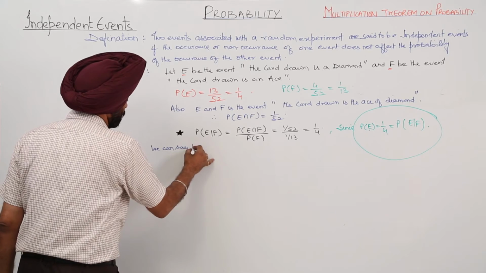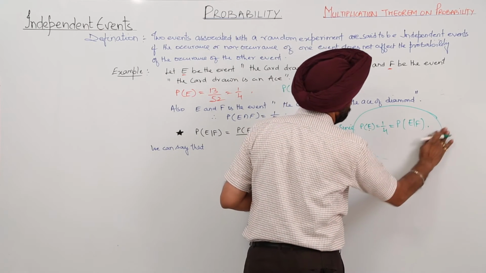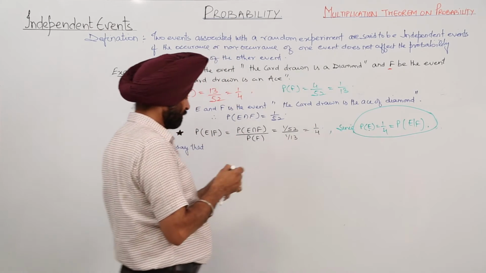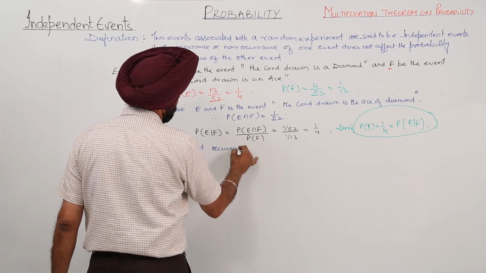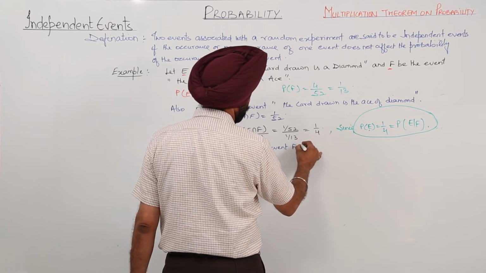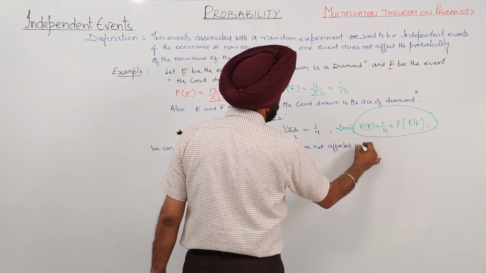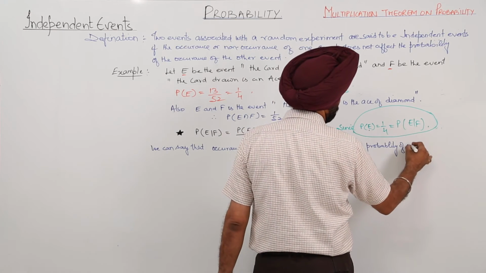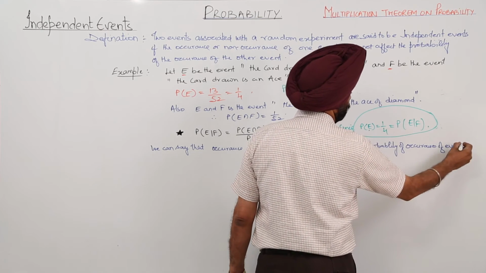We can say that the occurrence of the event F has not affected the probability of occurrence of event E. Let me make this smaller, because I have to write a statement.